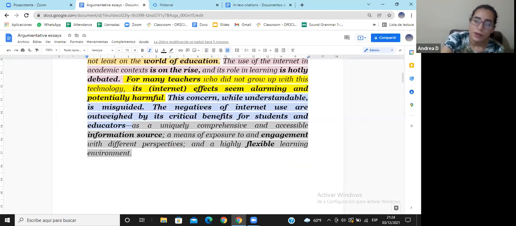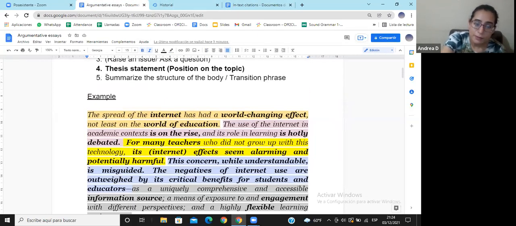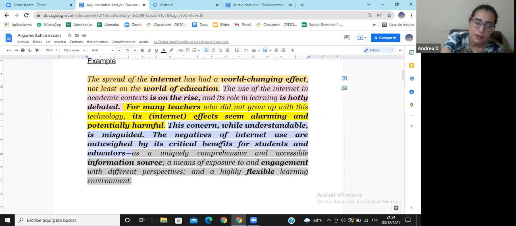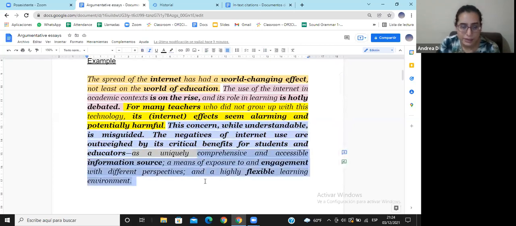Okay. And then you can have this summary of the reasons. So he's saying, okay, this is my belief, and that's supported by these reasons that I'm going to be explaining in this essay. So you can do this or you cannot.